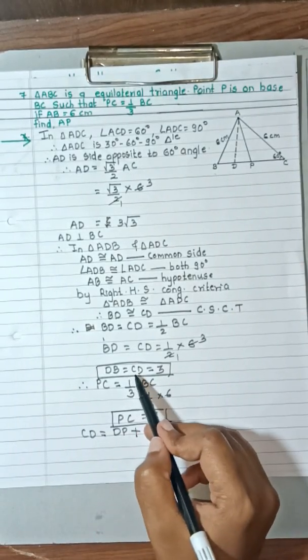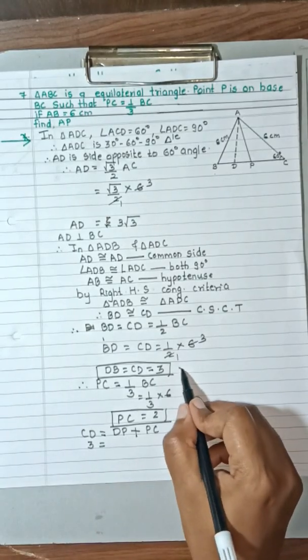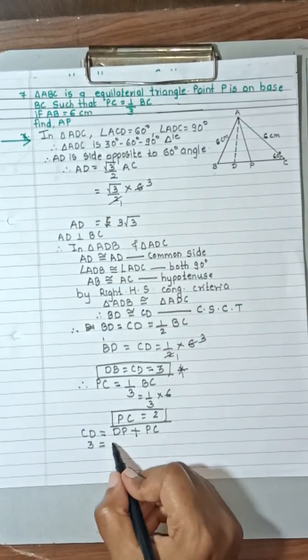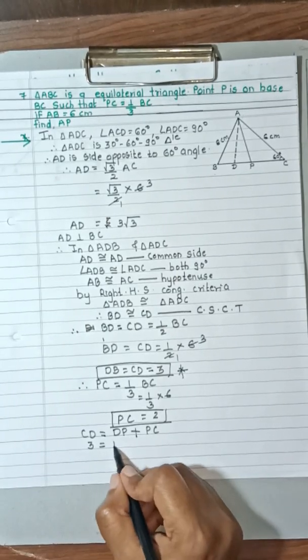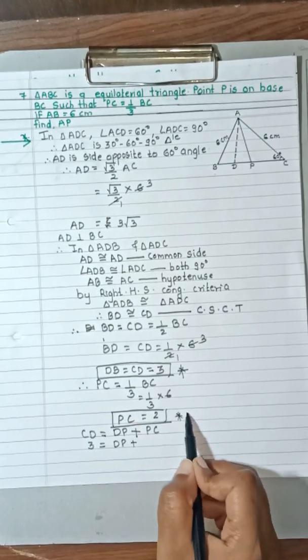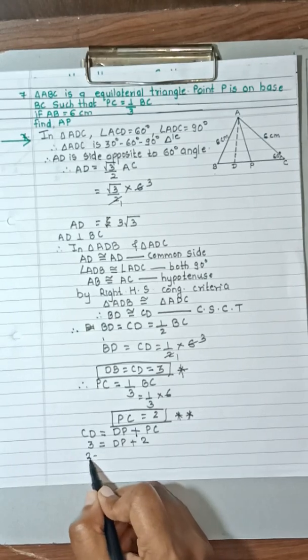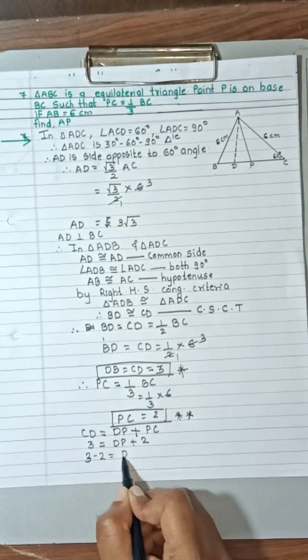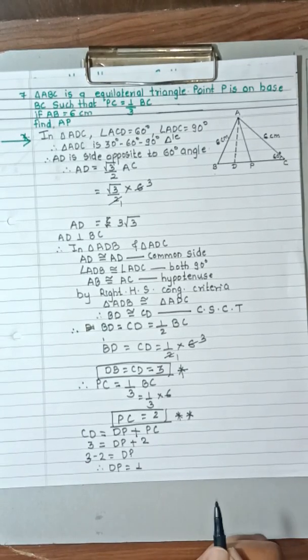CD is equal to BD is equal to 3. Therefore 3 is equal to DP plus PC. DP is how much now? DP we don't know, but PC we know. PC is 2. Therefore 3 minus 2 is equal to DP. Therefore you can say that DP is equal to 1.